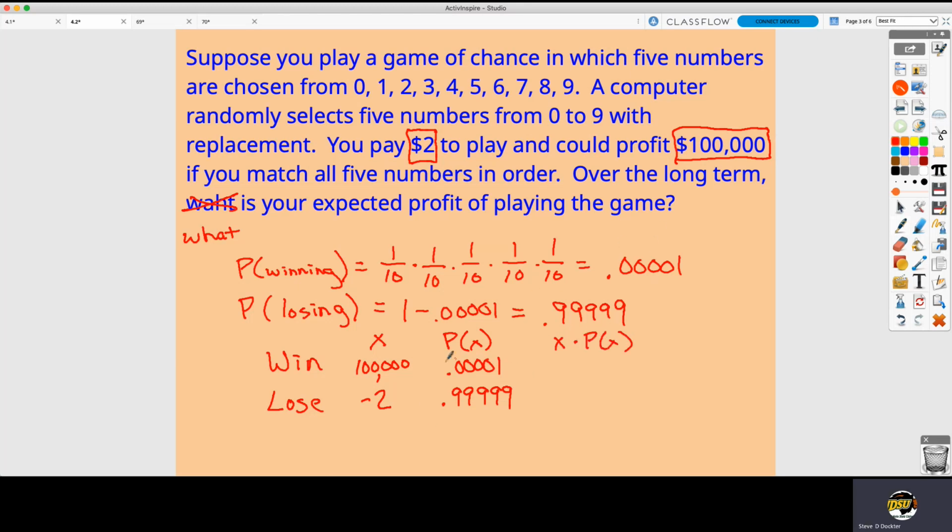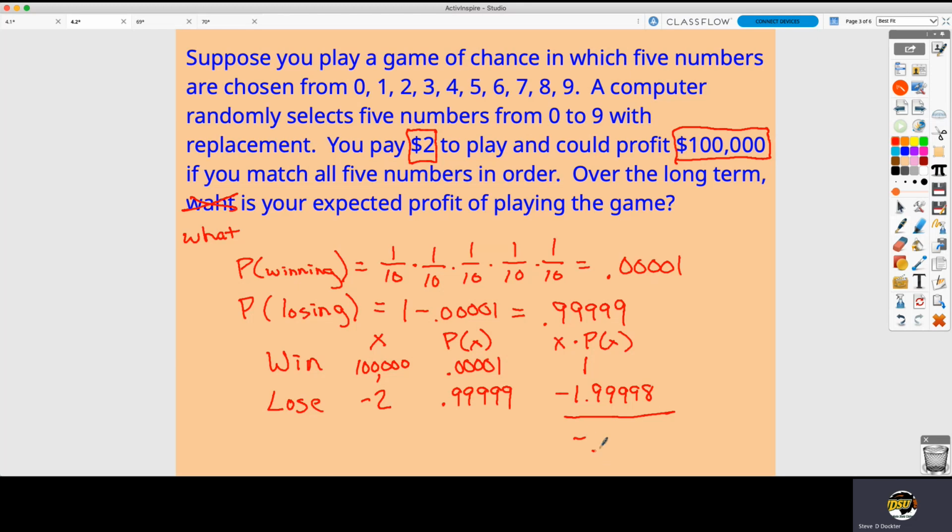When we multiply these two together, we get a positive 1. When we multiply our bottom two together, we get a negative 1.4998. To find your expected profit of this, we would add these two together.